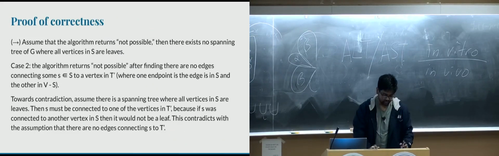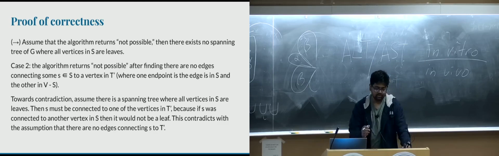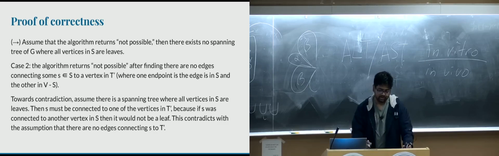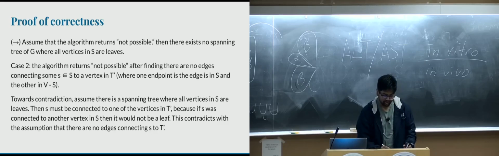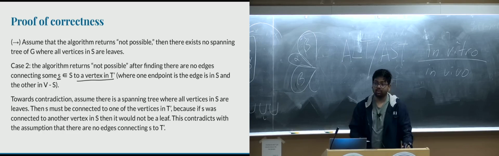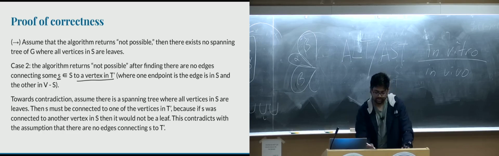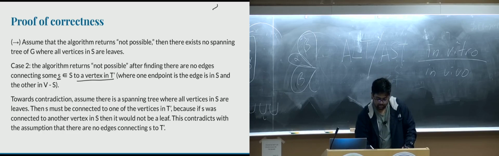So this is case 2. What we are saying is the algorithm returns not possible after finding that there are no edges connecting some vertex S in capital S to a vertex in T prime. That means there is some vertex S and it has no connection to this T prime.